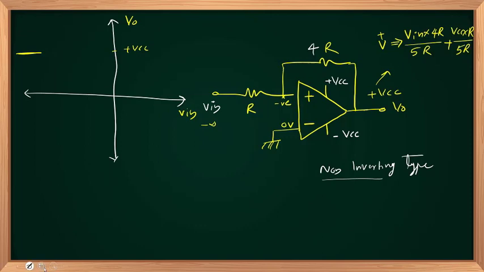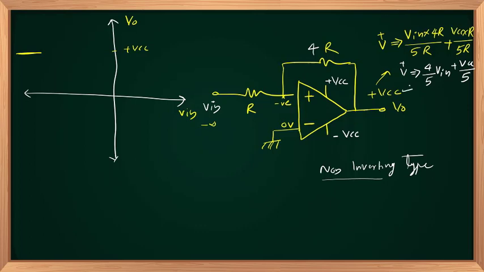So my V plus will be equal to 4 by 5 times V in plus VCC by 5. Right. My input was at minus infinity.